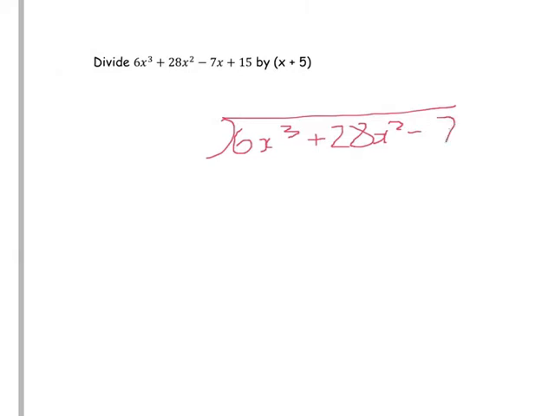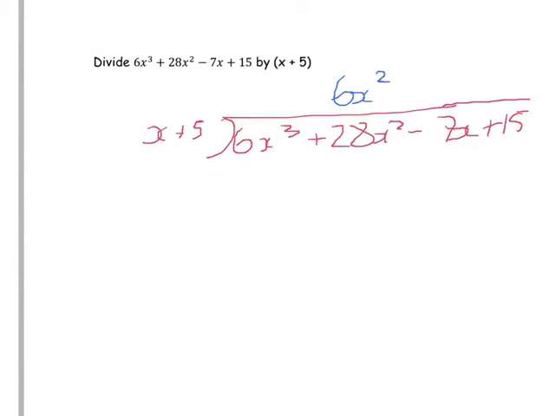Like we did before, we've got our 6x cubed plus 28x squared minus 7x plus 15, and we are dividing this by x plus 5. We ignore the plus 5 bit and just look at the x part. What do we times x by to get to 6x cubed? That is 6x squared.